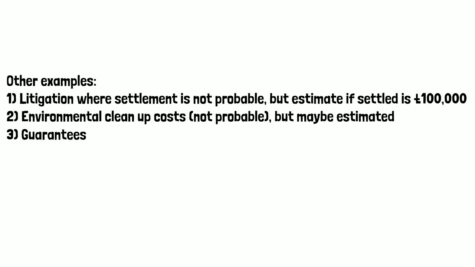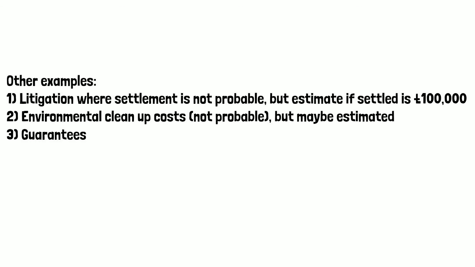So you'll find, for example, in the GSK annual reports a massive section on legal disputes because they give rise to potential litigation and therefore a disclosure for contingent liabilities.